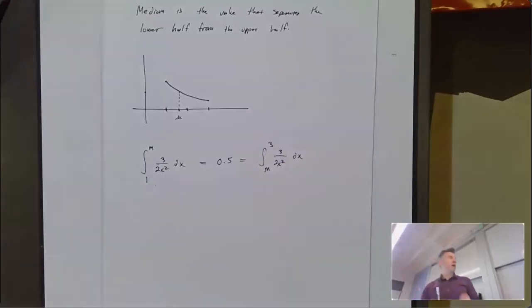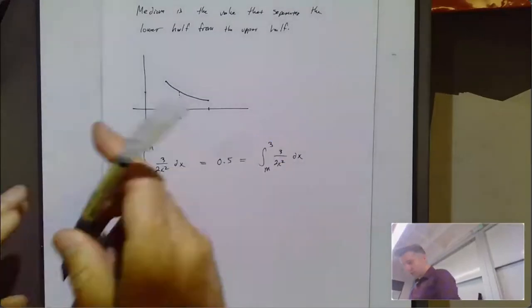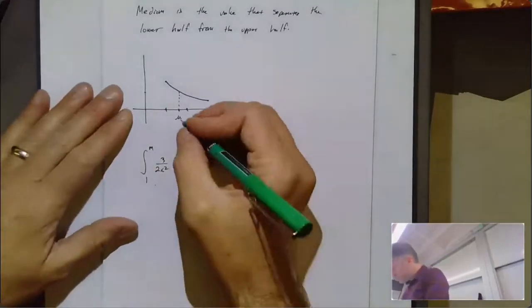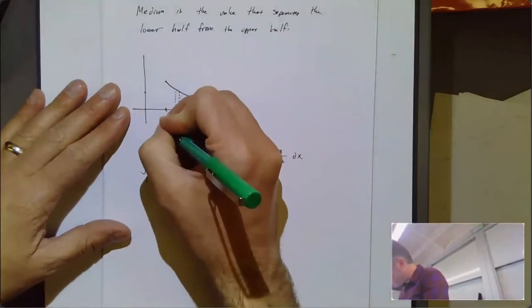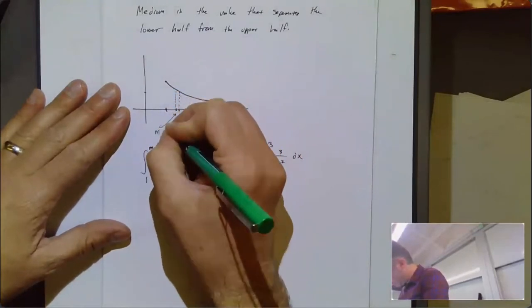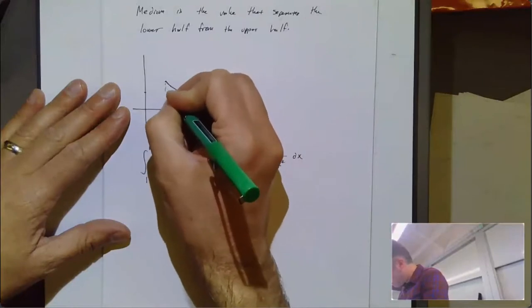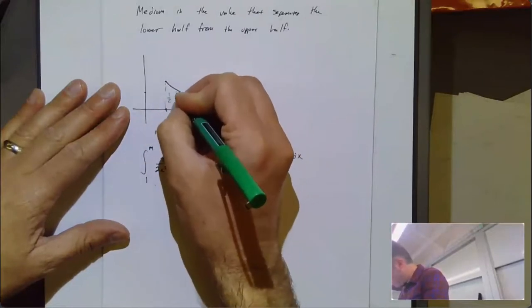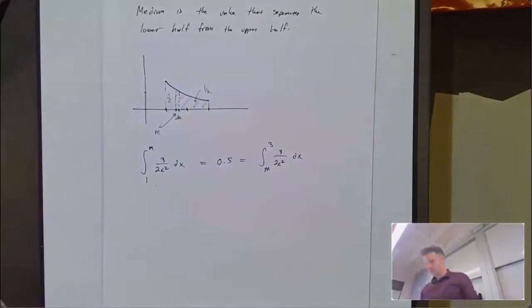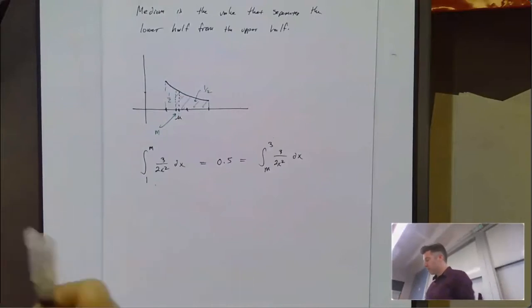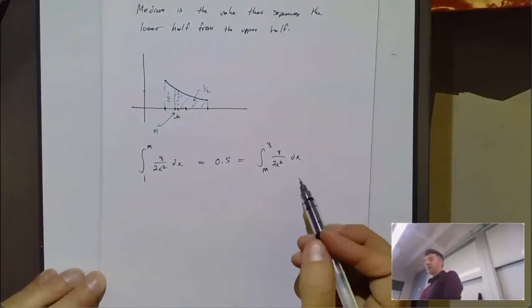They happen to be very close to each other in this example. We're looking for the m value where to the left there's half, and to the right there's half. And it does happen to be a little smaller than the mean here. We can calculate either one of these to get what m is going to be.